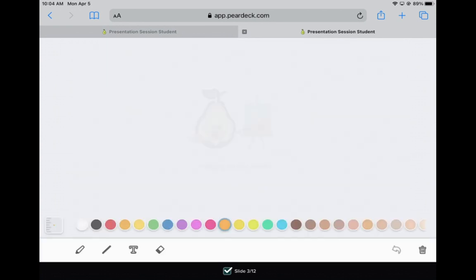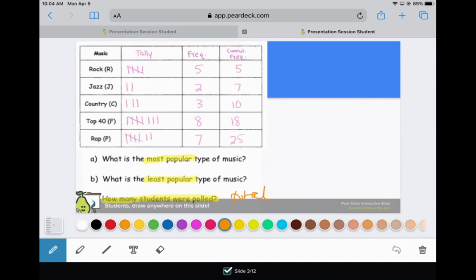Cool. All right, so let's look at this one when it's asking for the most popular. The question you're going to ask yourself is which column you have to look at. Are you going to look at the frequency or are you going to look at the cumulative frequency? If they talk about most popular, is the type of music that you like the most based on this table.